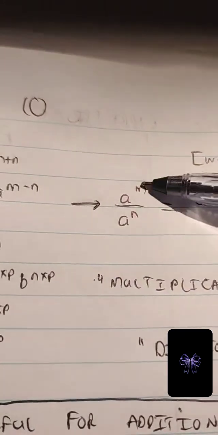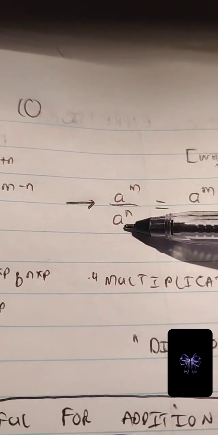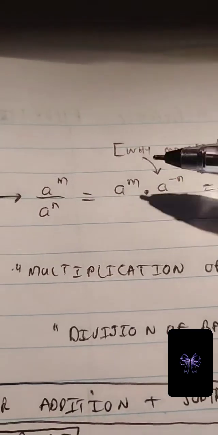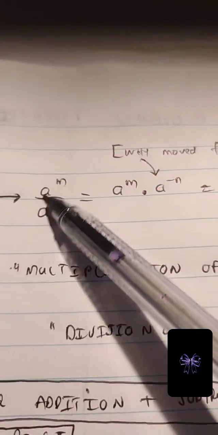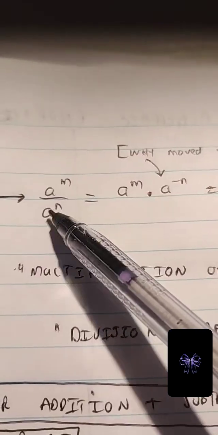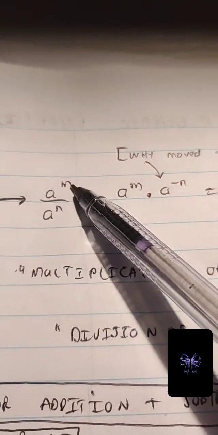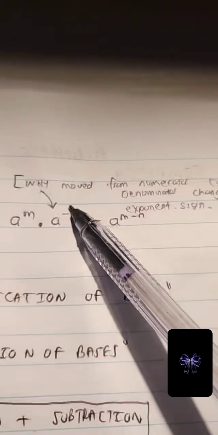Just something to note here. If it's a to the power m divided by a to the power n, yes, we keep the base and subtract the exponents, but something interesting is that when you have two bases that are divided like this, when we move this base to the numerator, the exponent's sign changes.